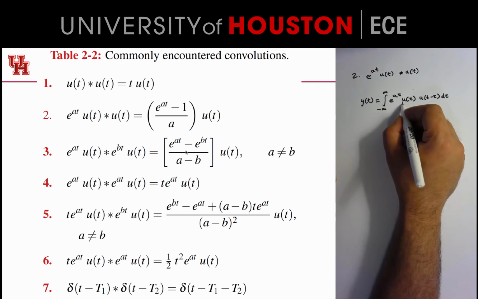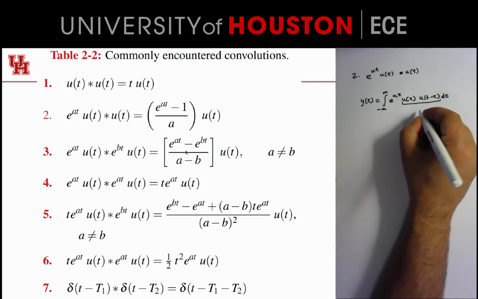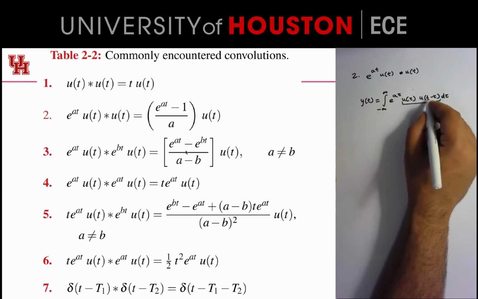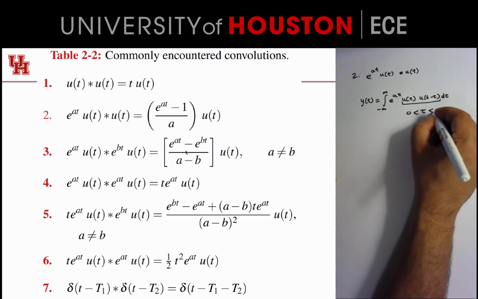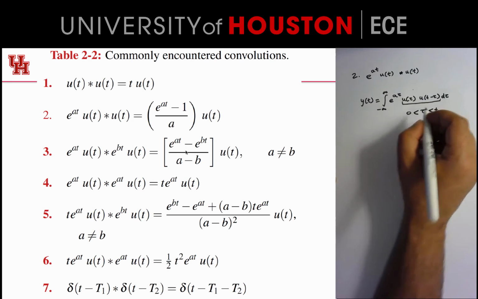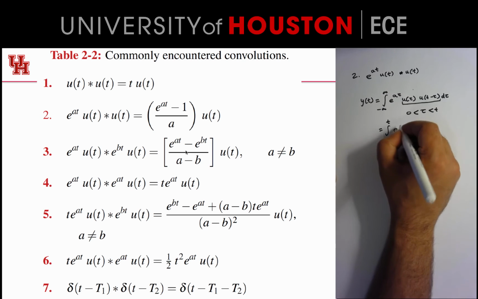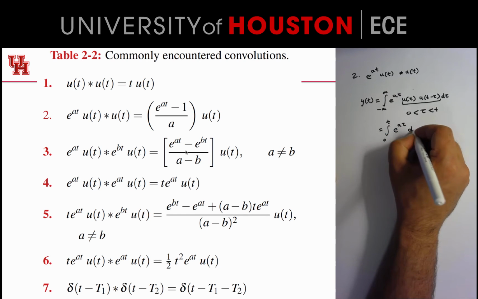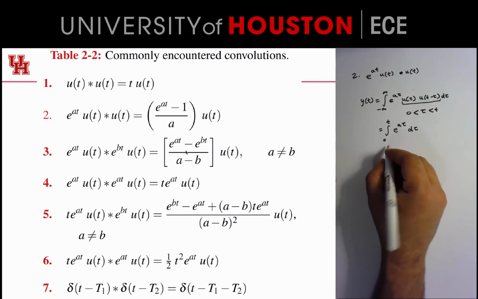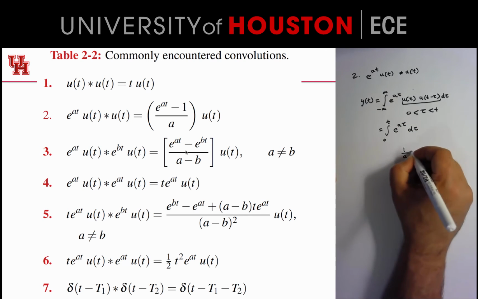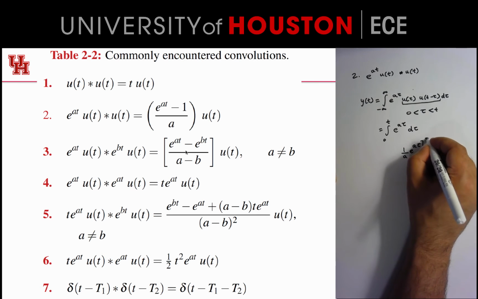Now we go through the same logic as we did for the previous question, and we come to the same conclusion that this product is 1 when tau lives between 0 and t. So we get the integral from 0 to t of e to the a tau d tau. The integral of e to the a tau is simply 1 over a e to the a tau, evaluated from 0 to t.